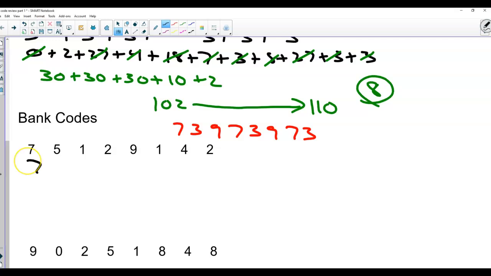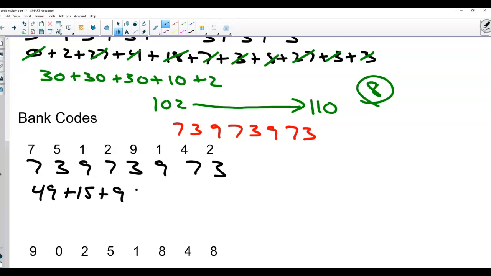7, 3, 9, 7, 3, 9, 7, 3, 9. 49, 15, 9, 14, 27, 9, 28, and 6.